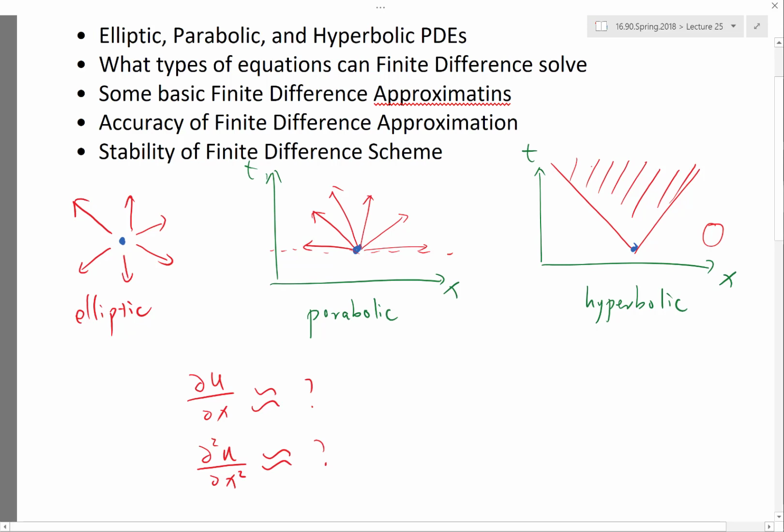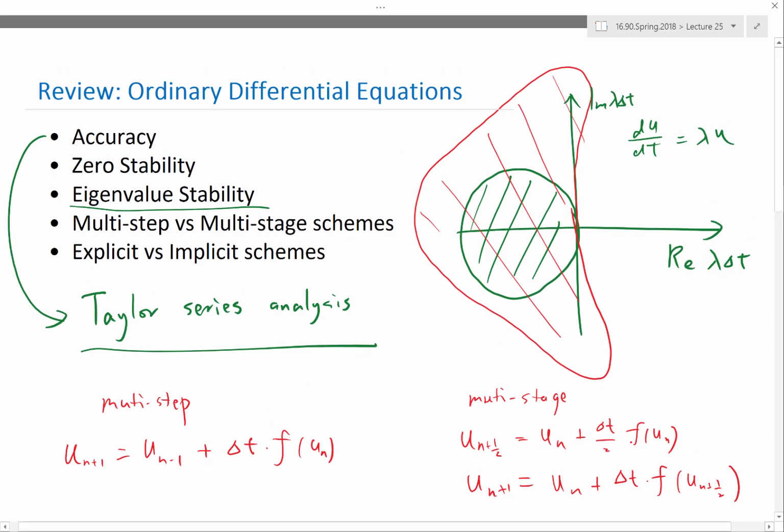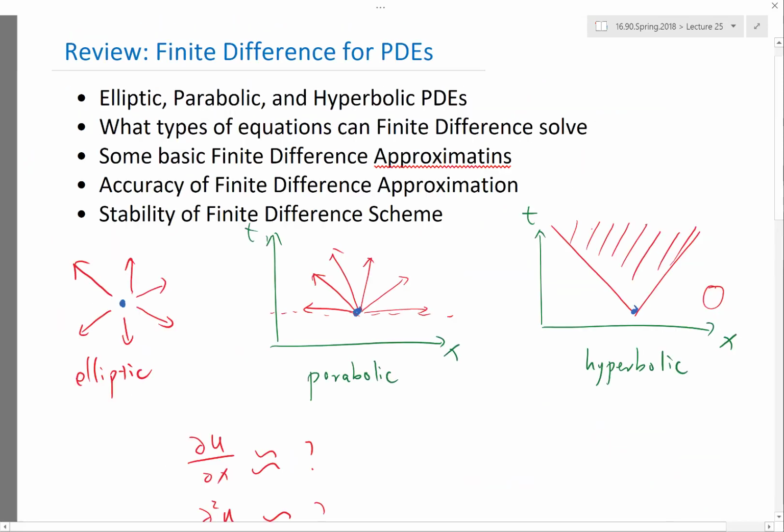If you have a system of linear ODEs, you can write it in matrix form: du dt equal to A times u, potentially plus a constant b. The eigenvalues of A go into the stability region of whatever ODE time integrator you are using. So basically the stability of a finite difference PDE discretization scheme can be analyzed by converting the PDE into an ODE and performing eigenvalue stability analysis on the ODE.